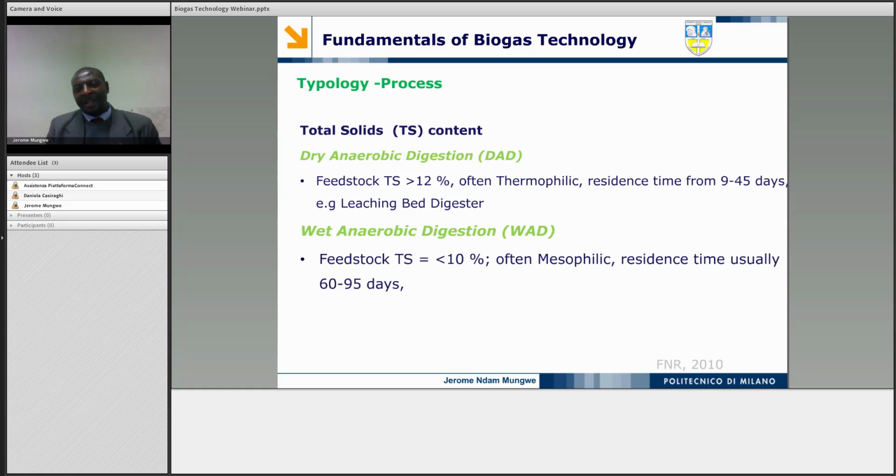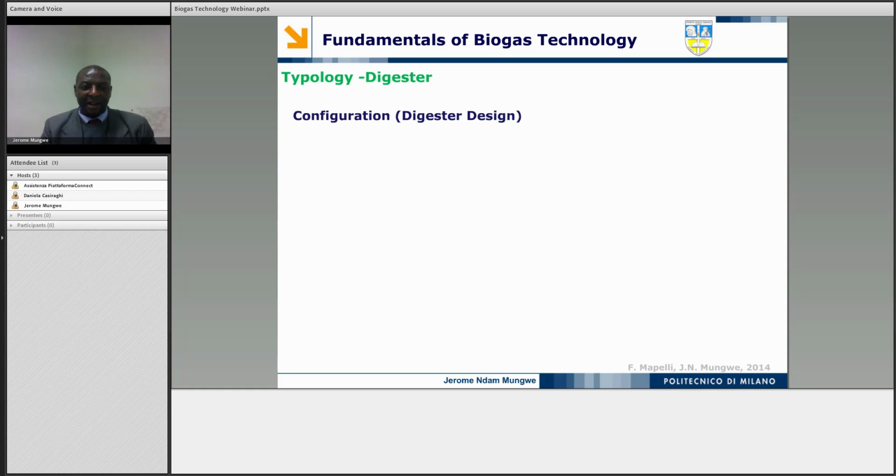Dry anaerobic digestion is favorable for thermophilic conditions, and usually has retention time from 9 to 45 days. And in the wet process, the favorable conditions are the mesophilic range, with the retention time usually between 60 and 95 days.